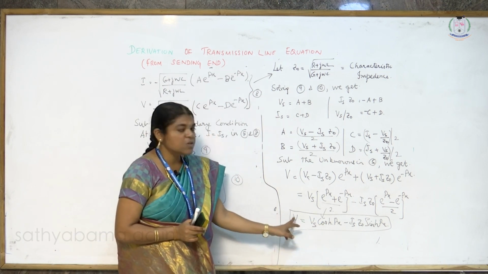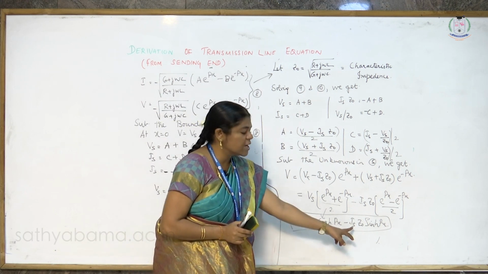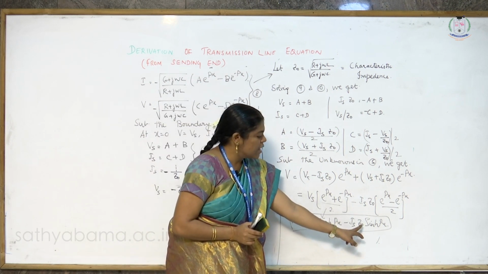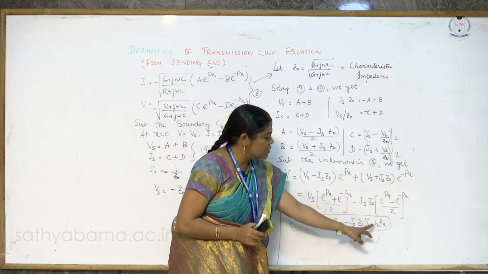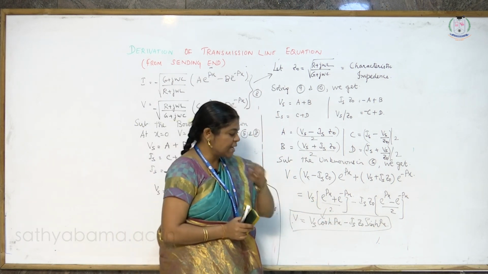The voltage at any point on a transmission line is now written in terms of the sending end parameters, that is, sending end voltage, sending end current, and the two constants z naught and p, and x is the distance of our elemental length from the sending end.